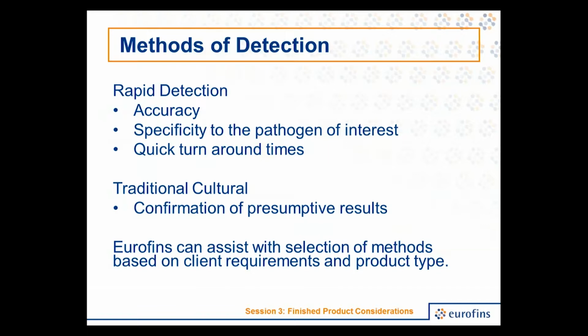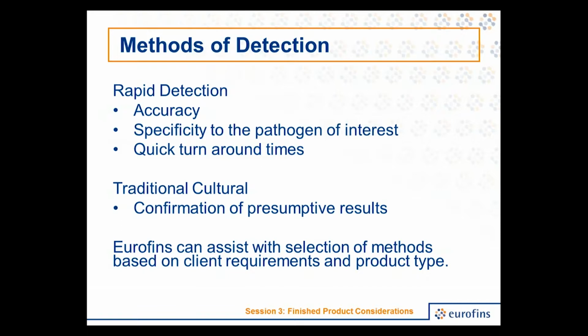So how can we detect the pathogen of interest for you? Pretty much there are 2 types of methods of detection, or 2 ways to go about detecting: rapid and traditional.